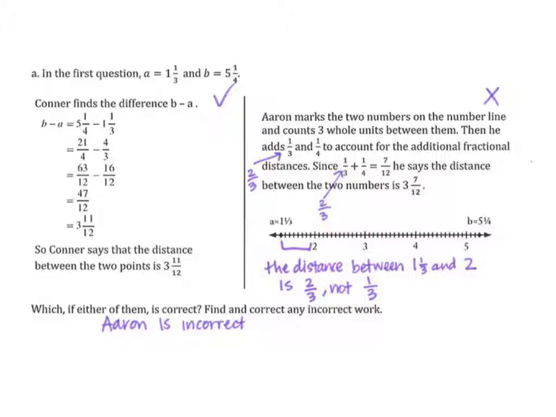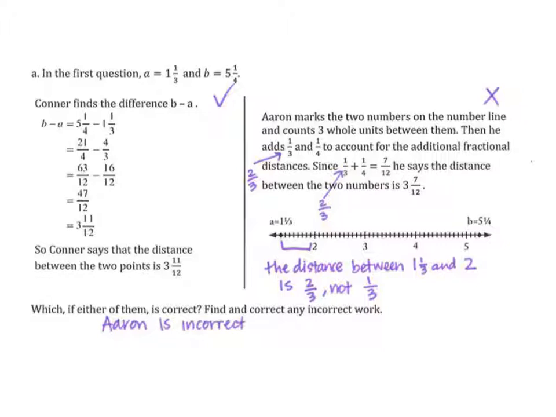All right, so for part A, I checked Connor's work and it looks great. But when I was checking Aaron's work, I noticed that he made a mistake. So he was correct in counting that between 2 and 3, 3 and 4, 4 and 5, there's 3 whole spaces. But when he went to add in the fraction parts, he forgot that the distance between 1 and 1/3 and 2 would be 2/3 units, not 1/3 unit.